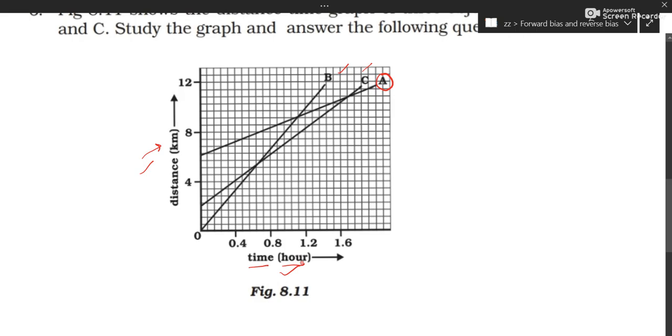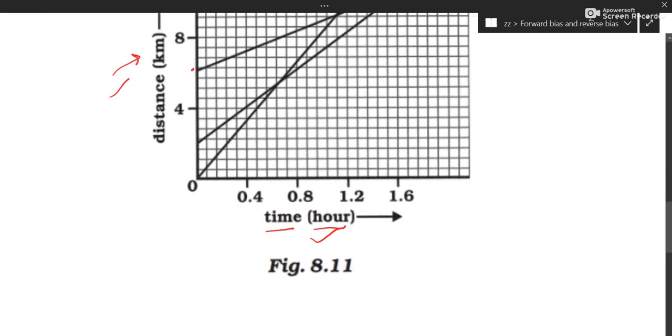So you should see that A started from this point, B started from 0 and C started from here. So initial position should be noted down very carefully.